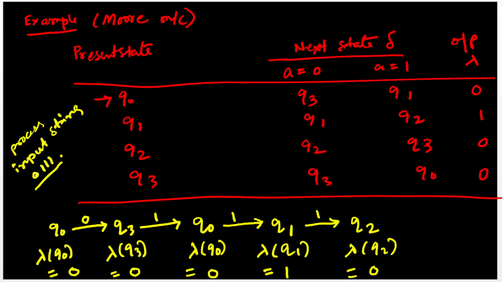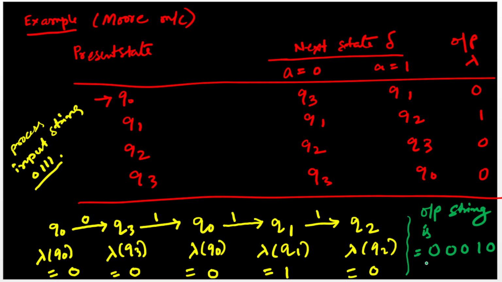So for the input string 0, 1, 1, 1, what is the output string? If we concatenate all this, it will be 0, 0, 0, 1, 0. As we have mentioned, in case of a Moore machine, if your input string is of length n, the output string is of length n plus 1.